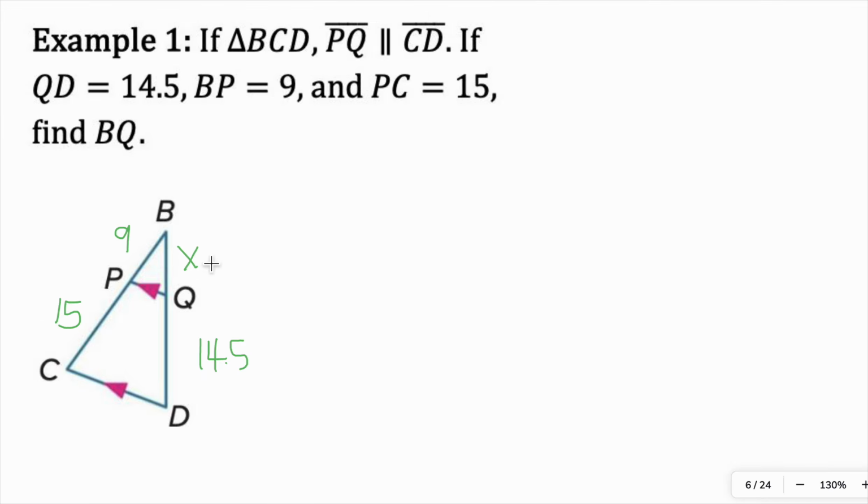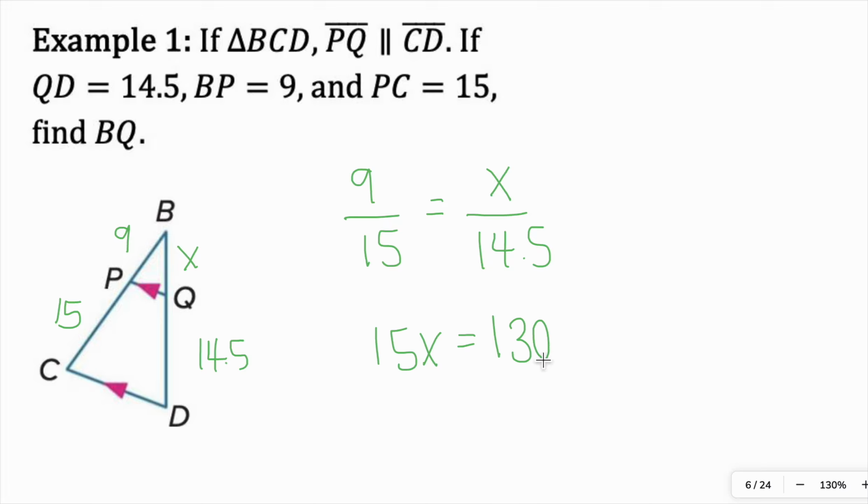So we're using that triangle proportionality theorem, which states if I have two parallel lines, then I can set up a proportion to find the missing segment lengths. So 9 to 15 will be equal in proportionality to x over 14.5. I'm going to cross multiply. I'm going to get 15x is equal to 130.5. So x is equal to 8.7.